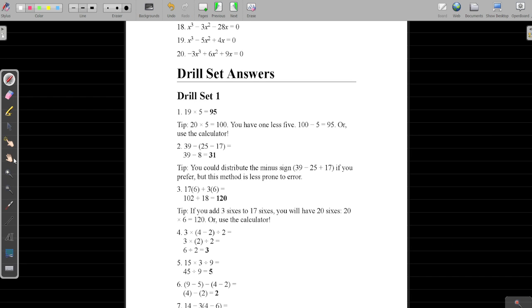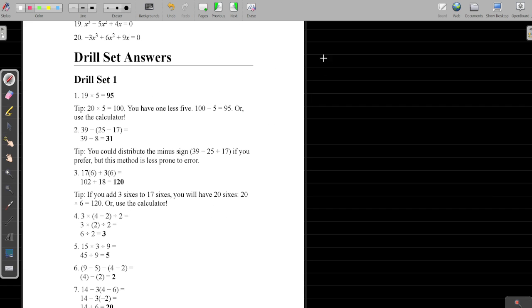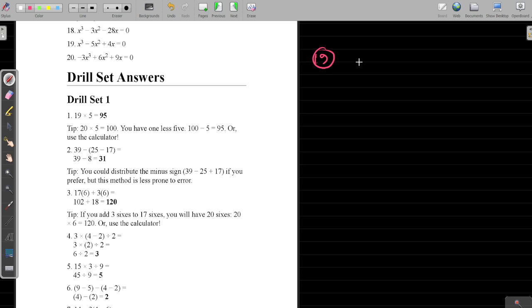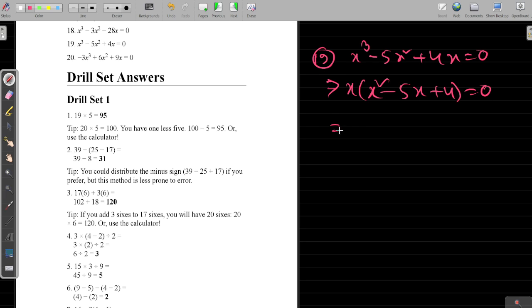Now the next one, 19. The question is about x cube minus 5x square plus 4x equals 0. Again I will take common x from the left hand side, so x square minus 5x plus 4 equals 0. Then here you get x square minus x minus 4x plus 4 equals 0.